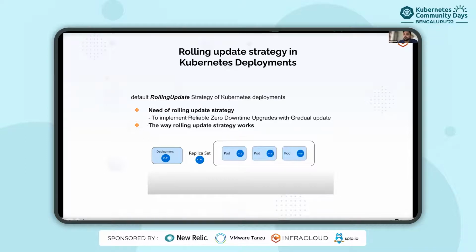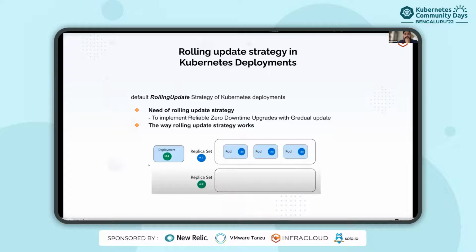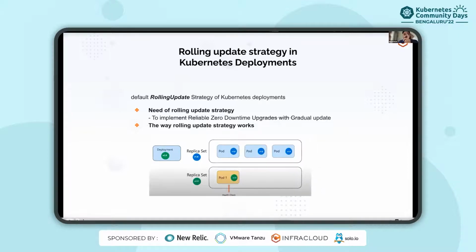To avoid this kind of downtime, Kubernetes employed the rolling update strategy. When you create a Kubernetes deployment, it internally creates a replica set, and that replica set eventually creates all your pods. When you want to go from version 1.0 to 2.0, once you update your deployment, it creates another replica set with version 2.0, which creates a pod with version 2.0.